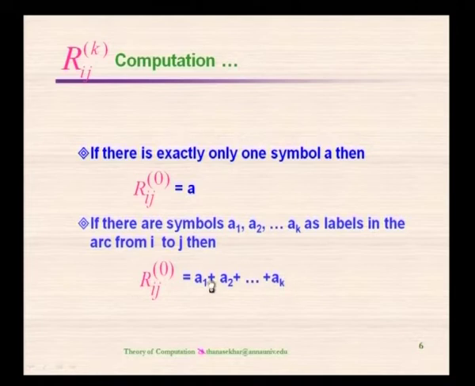The OR operation is very important, because the language described by such an automata, that is the automata with i as the starting state, j as the final state, and no intermediate transitions, is the set of strings that are either a1 or a2 or a3, anything up to ak.